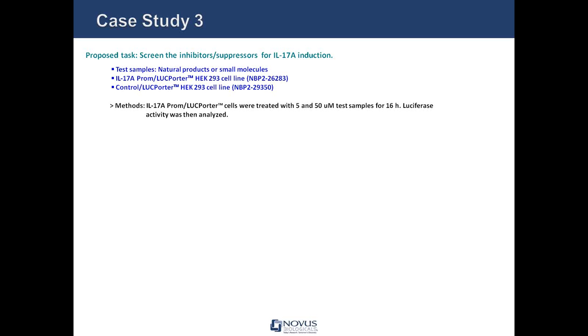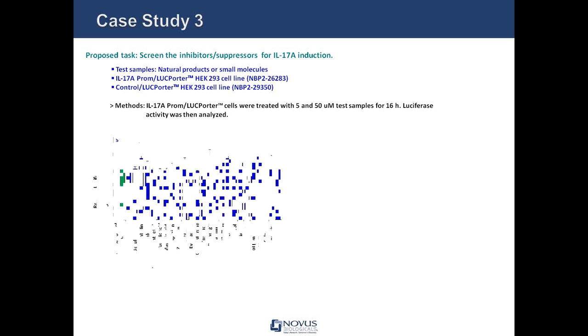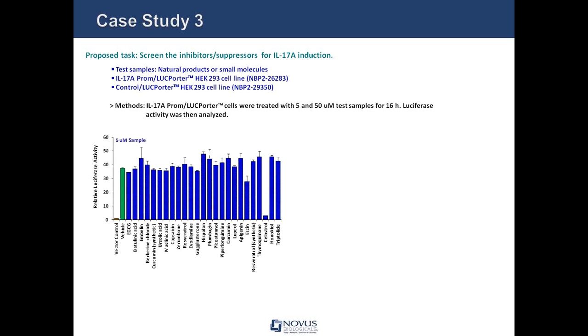The method was that IL-17A promoter luciferase reporter cells were treated with 5 and 50 micromolar test samples for 16 hours, and then the luciferase activity was analyzed. For 5 micromolar samples, you can see the green bar is at induction levels, and the orange and yellow bar is the control vector cell line levels.